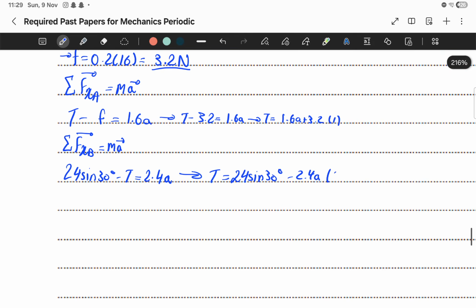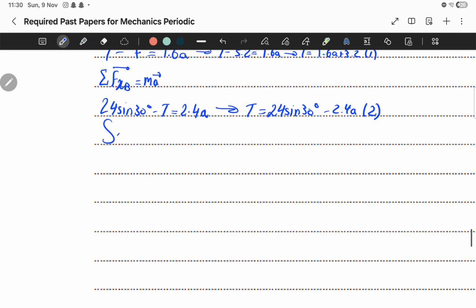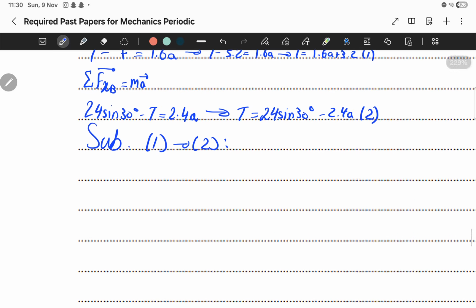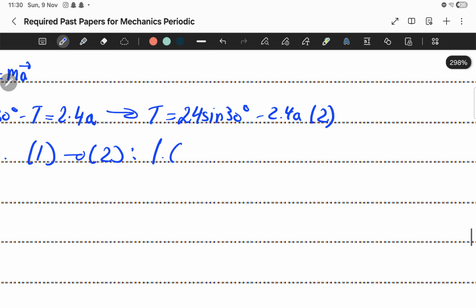So we're going to sub 2 into 1, or 1 into 2, it's fine. 1.6A plus 3.2 equals 24 sine 30 minus 2.4A.